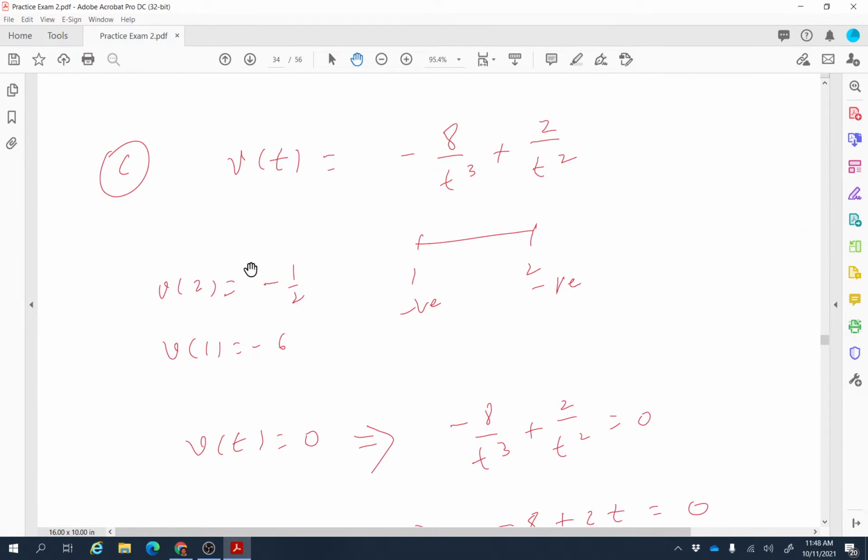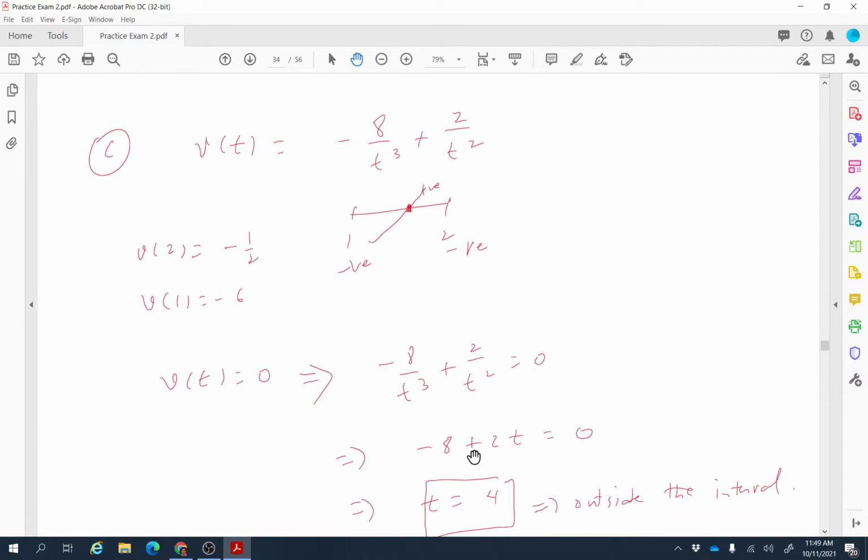To check whether the velocity changes direction, or the body changes direction, we need to check whether the velocity will go from negative to positive. That's only possible if at some point the velocity is 0, because to go from negative to positive, it has to cross the line where the velocity is 0. So what we do is equate this velocity with 0 and try to solve for time.